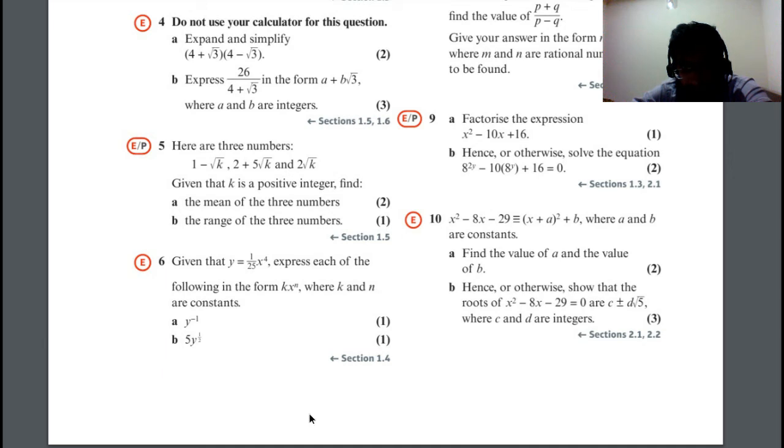Correct. 5 half would be 5 by 25, which is 1 by 5, then root 1 by 5 x to the power 4, no?